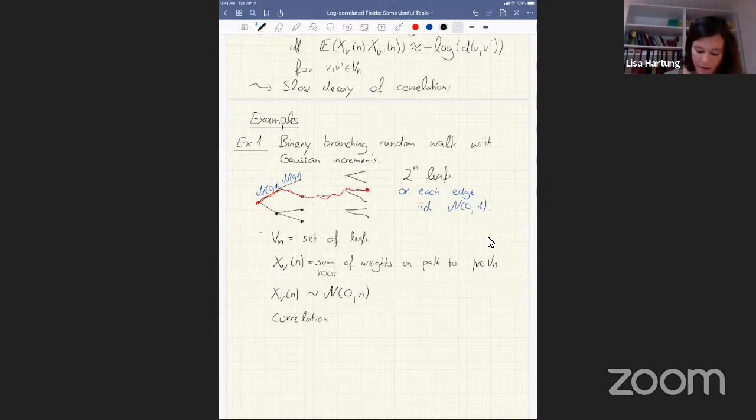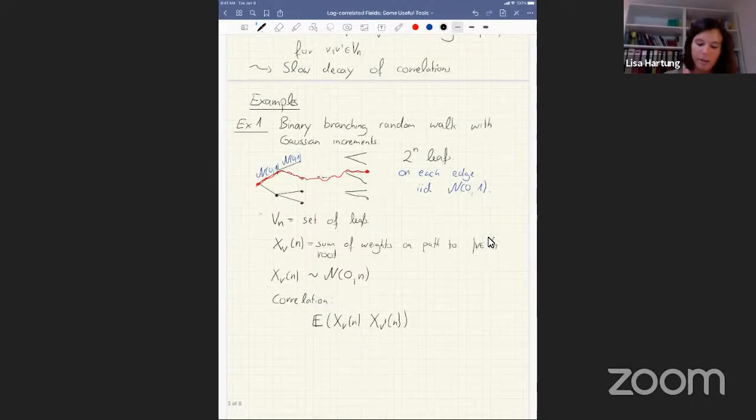Namely, if I look at two leaves, X_v(n) and X_v'(n), then these are correlated.